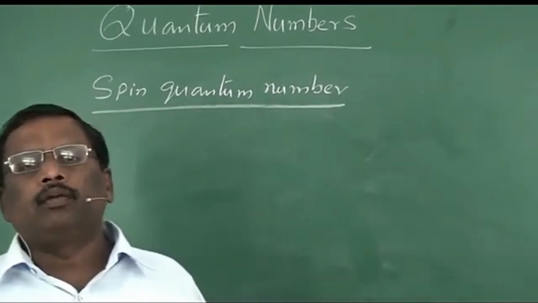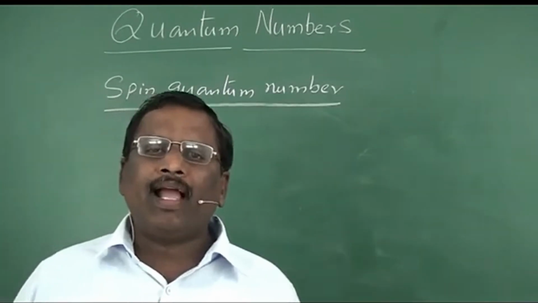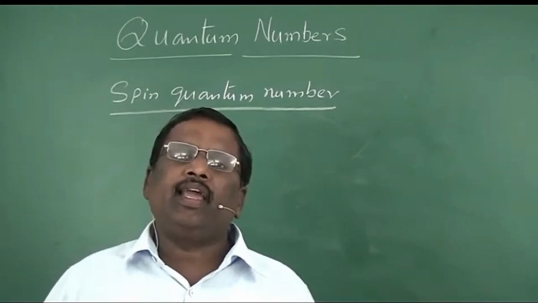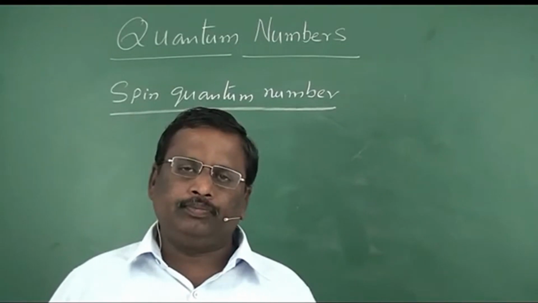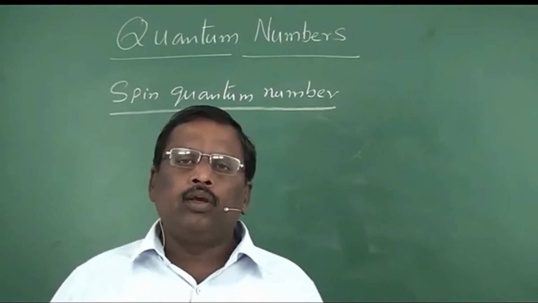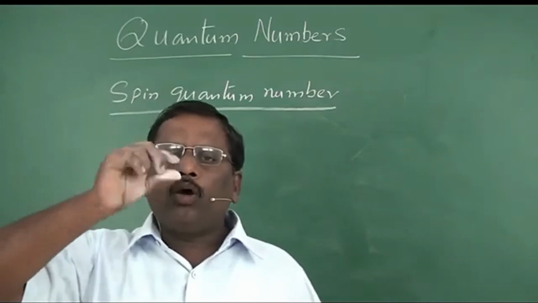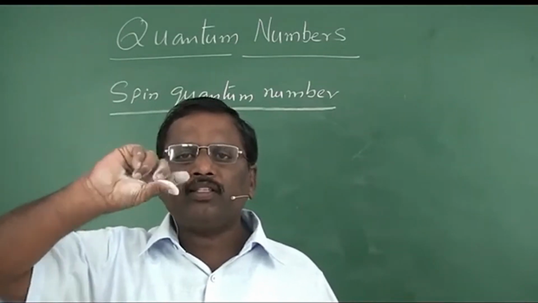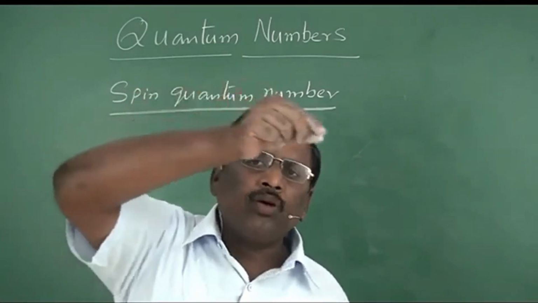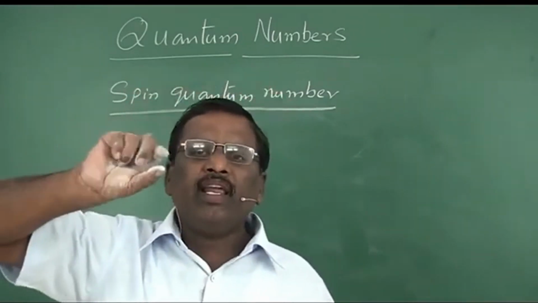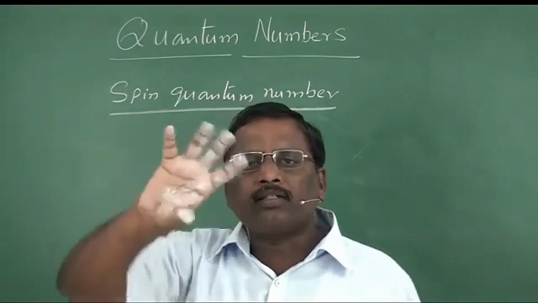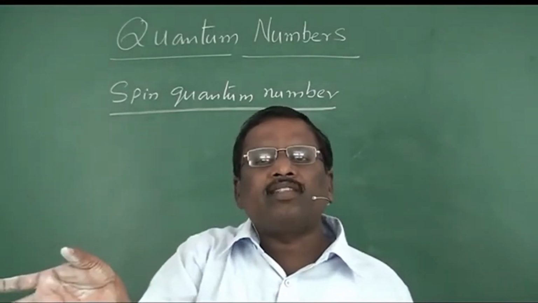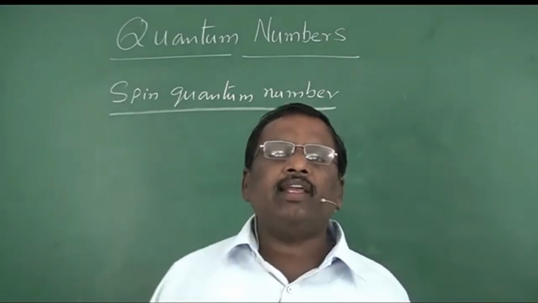This quantum number was proposed by Uhlenbeck and Goudsmit to explain the spinning direction of the electron in an atom. We know that an electron will revolve along its own axis, that we call spinning on its own axis, and revolving around the nucleus. For spinning direction, there are two possible directions, this direction or this direction. This direction we call clockwise, and this direction we call anti-clockwise.